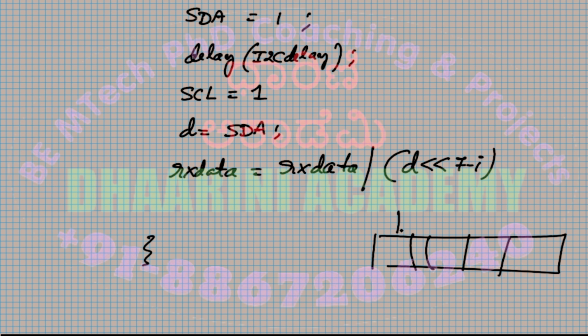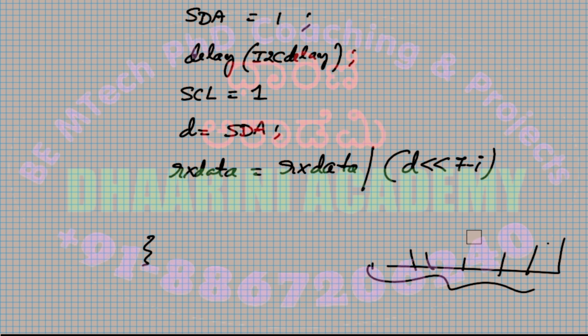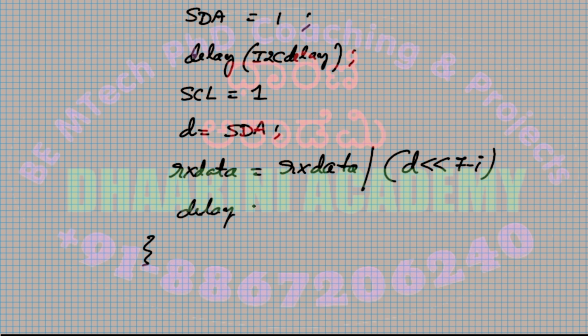So 7 minus I, with I 0, is the 7th position, then 6, 5, 4, 3, 2, 1, and the 0th position, 7 minus 7. You see, you fill up your 8 bits. It's clear, right? Okay. So I fill up and give a small amount of delay before it does the next thing.